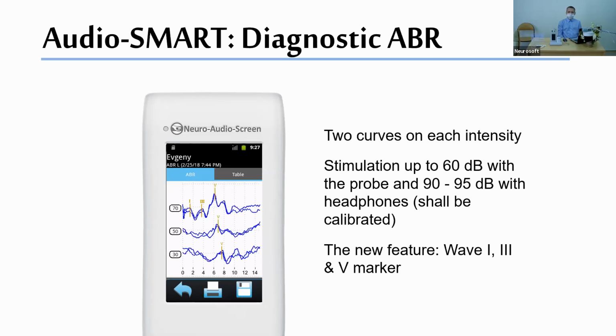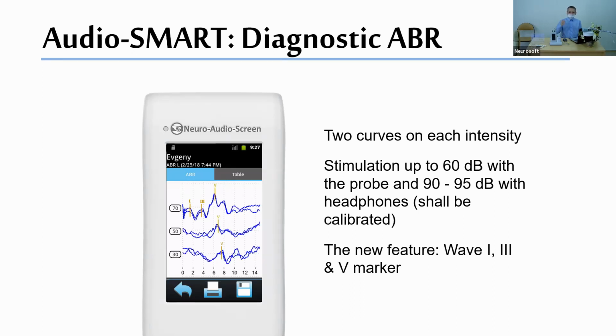So if, for example, we got a refer result from AABR, we can confirm this result with diagnostic ABR, at least to get a preliminary result, because it is still recommended to follow up with a full diagnostic ABR device examination. But still, you can get an approximation of the diagnostic result with the AudioSmart device.